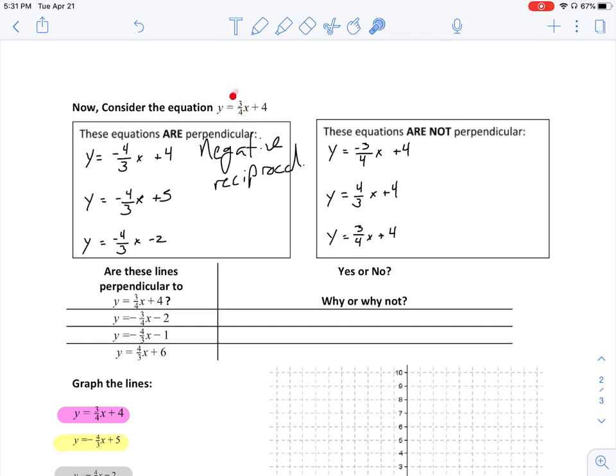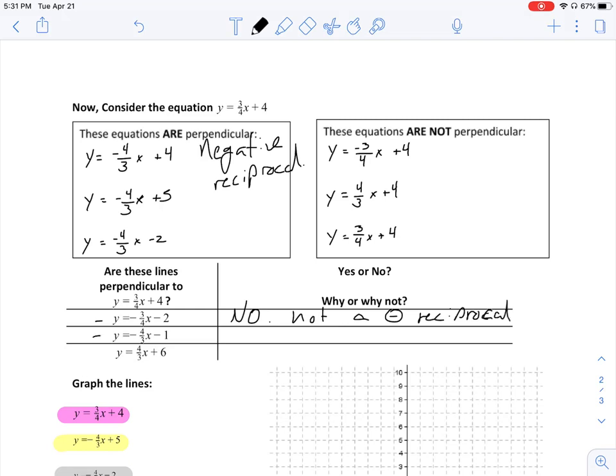So positive 3 over 4, the negative reciprocal is negative 4 over 3. So when I look at this line here, y equals negative 3 over 4x minus 2, is it perpendicular? No, because it is not a negative reciprocal.